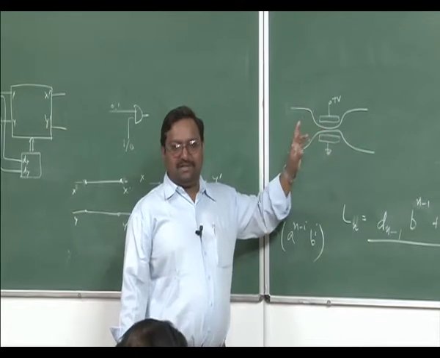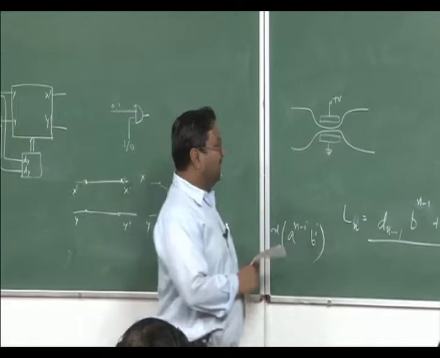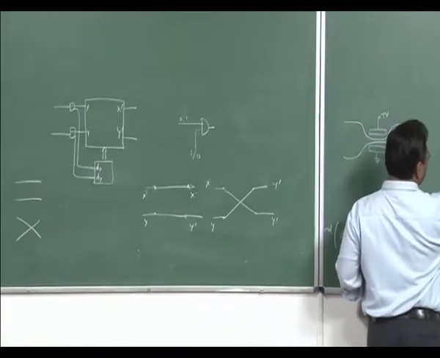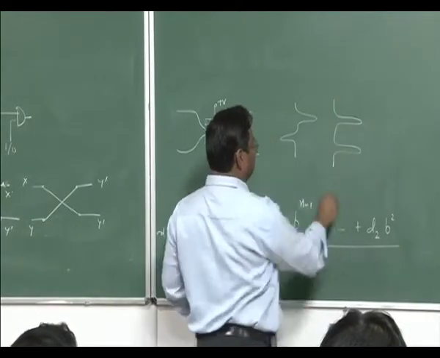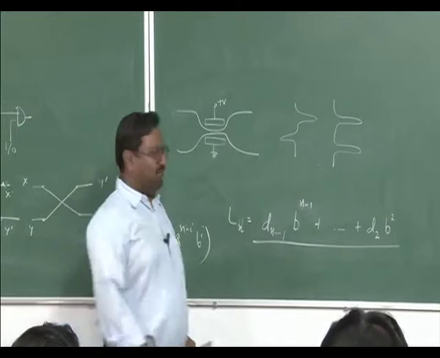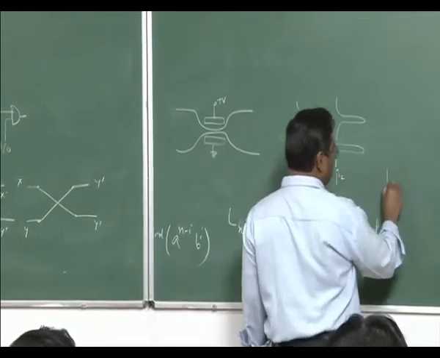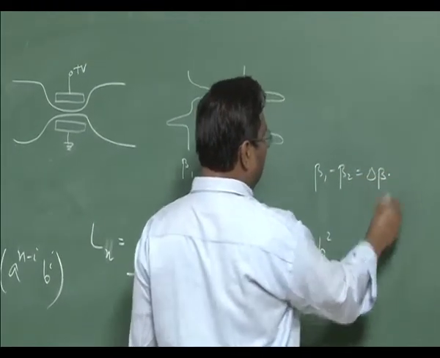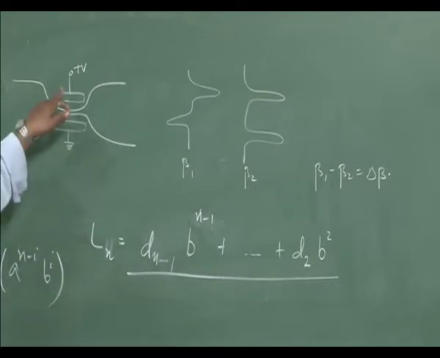Beta 1 and beta 2 are the propagation constants of the two eigenmodes of this coupled system, and the difference between them is known as delta beta. That is known as a delta beta coupler. This delta beta can be changed by applying an electric field.